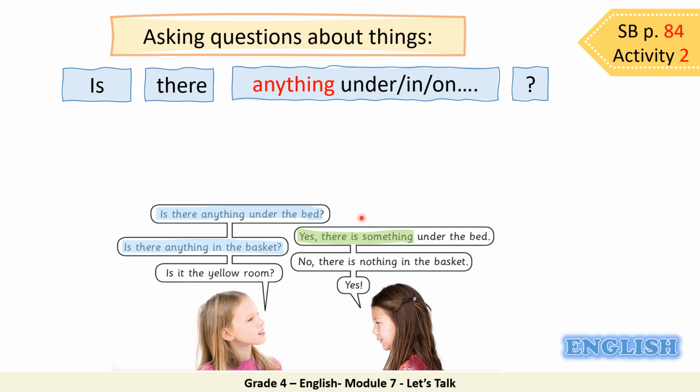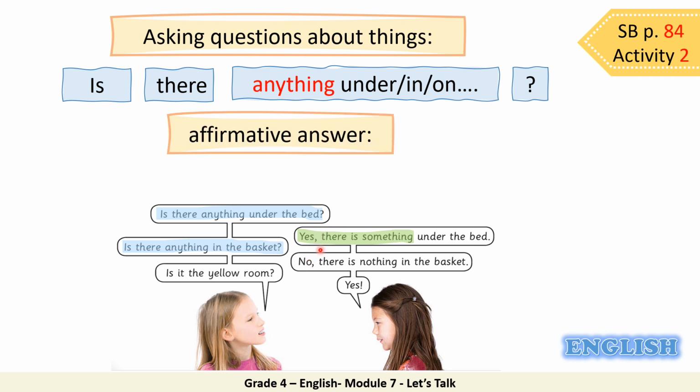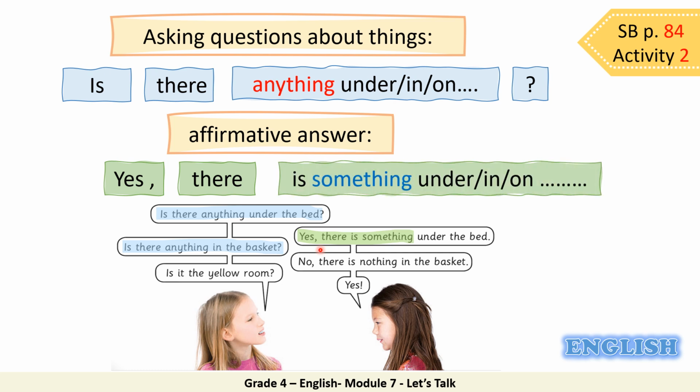The other girl who's answering, you should start with yes or no. Now, when we answer with an affirmative answer, I say yes, there is, and I put is in the affirmative form, and I use something, under, in, on, according to the question.